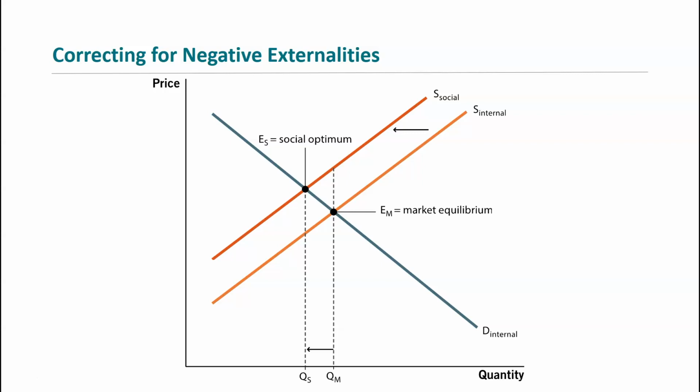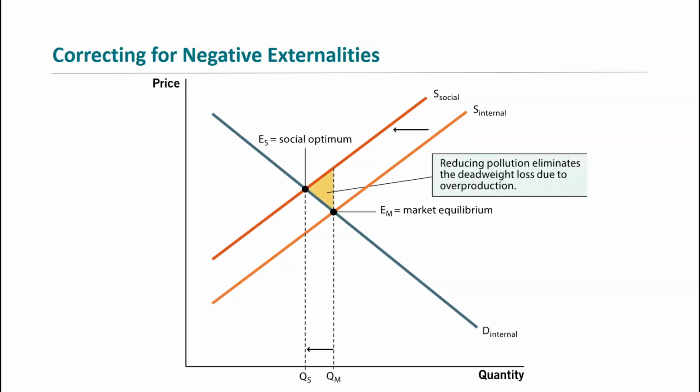We actually are creating deadweight loss due to our pollution or the cost associated with our market activity to others. So by not considering the negative social costs of our market activity, we're actually pushing the market to the right of the optimal, the efficient equilibrium.